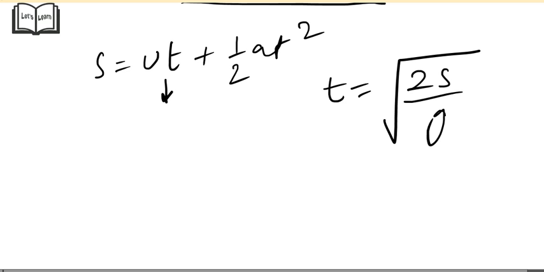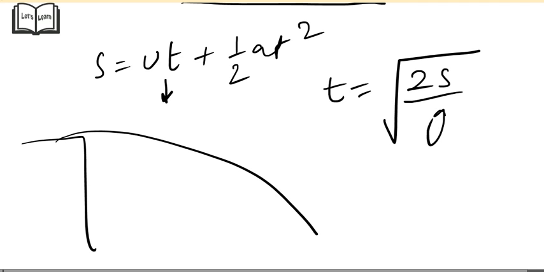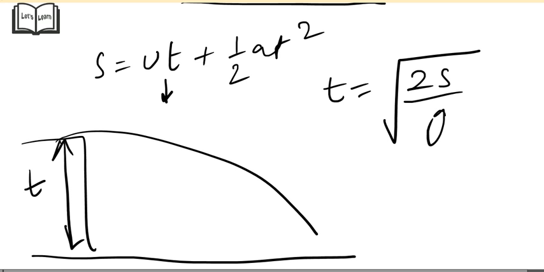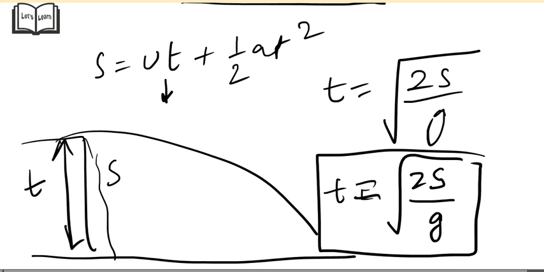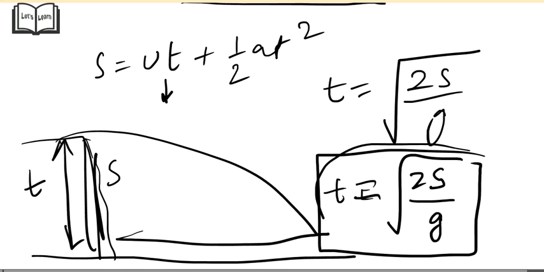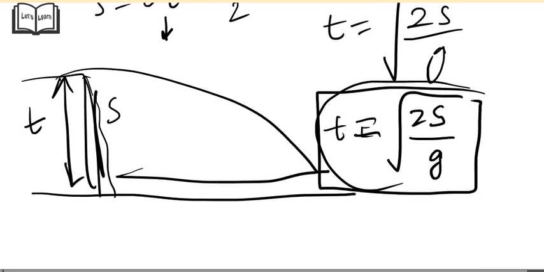So if I have a horizontal projectile, the time taken to fall this height, if the height is s, t will be given by square root of 2s by g, and use this time similarly to find the maximum range, just writing u cos theta, u sin theta, and so on. The height you already know s, and the range will be found, and the t you know. So this kind of thing can be calculated from projectile motion.